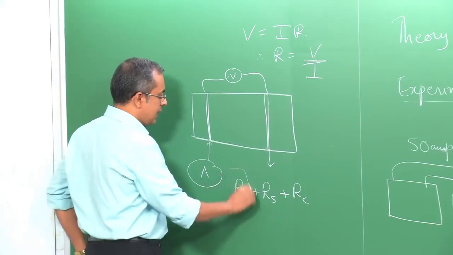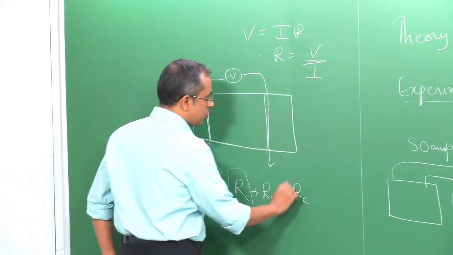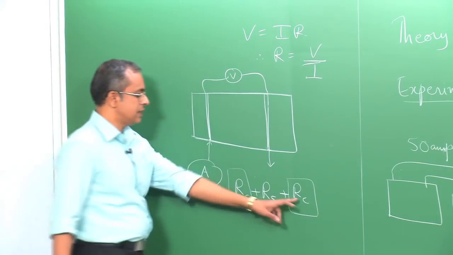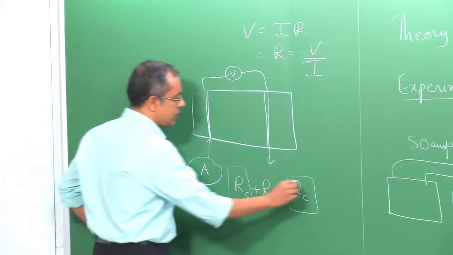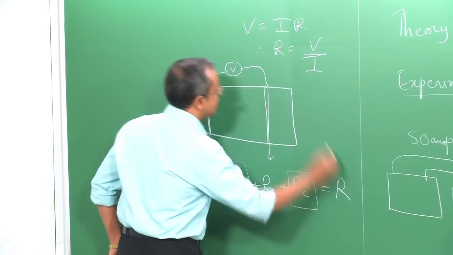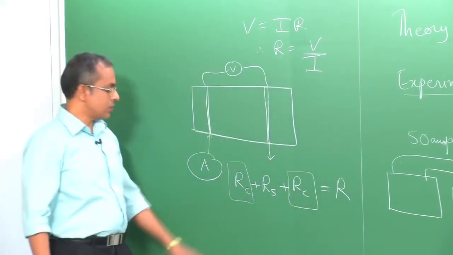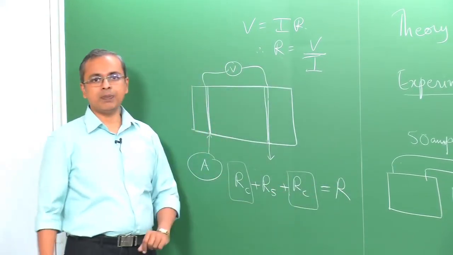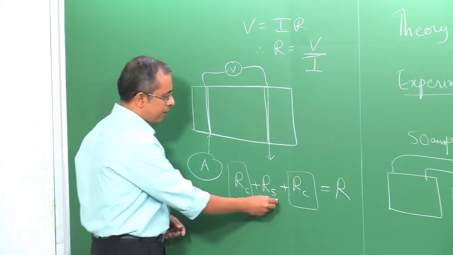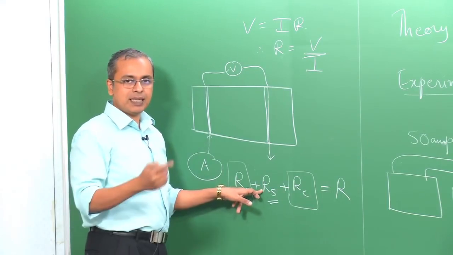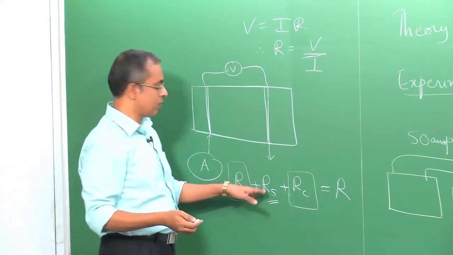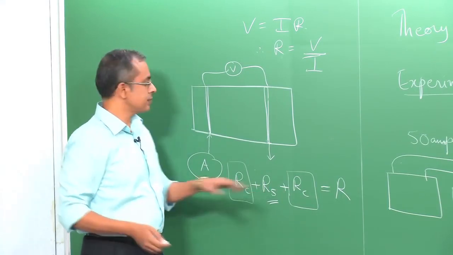And generally you cannot automatically assume that these are very small values. These could be significant values. It could upset your overall measurement. You are measuring this whole thing, and that is what you are seeing as R here, and this could easily be off by 20% or 30% from what is actually attributed to the sample.